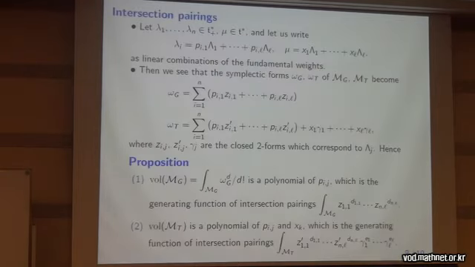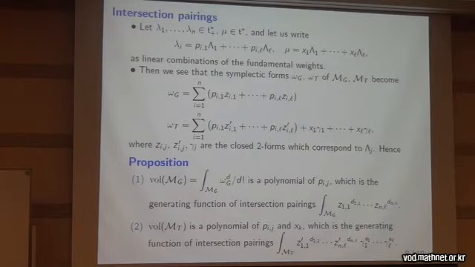Okay. So next, I want to explain the intersection pairings of Mg or Mt. So let this time lambda 1, lambda 2, lambda n be in the Weyl chamber, and mu be in T star, and we write each lambda i or mu as linear combinations of the fundamental weights, and p_ij or x_j are coefficients in this linear combination.